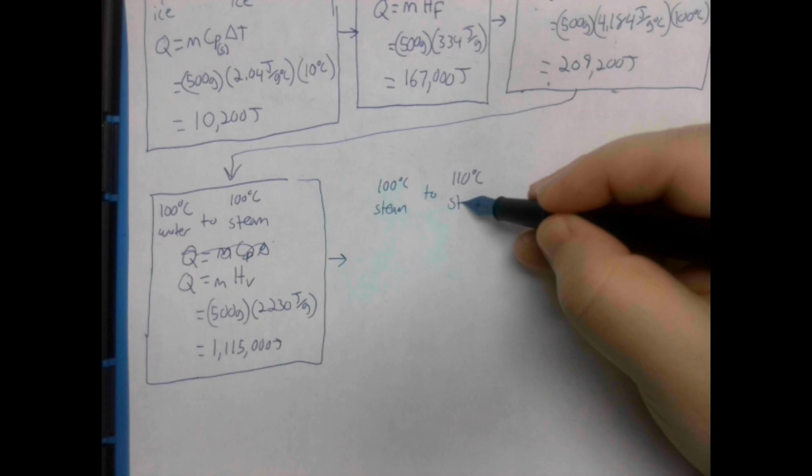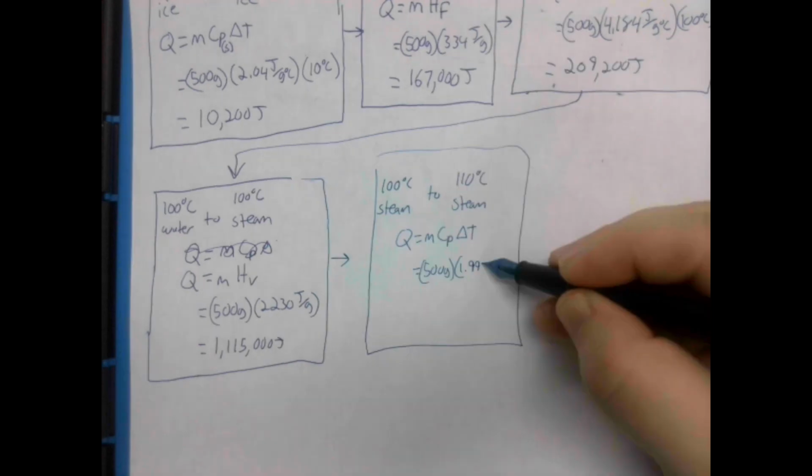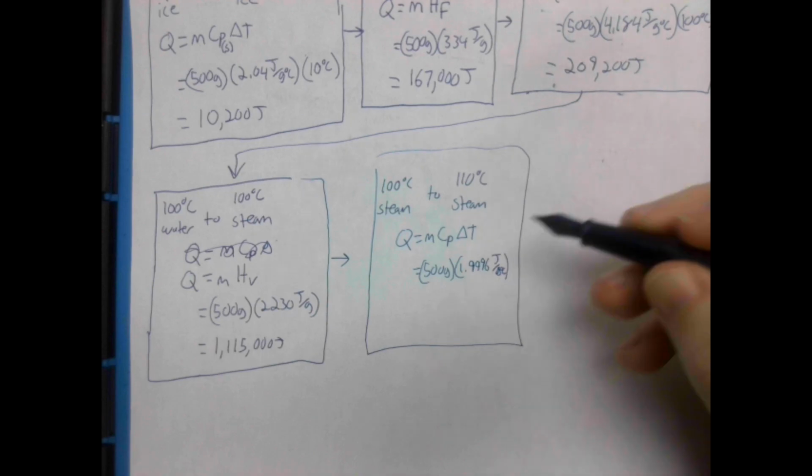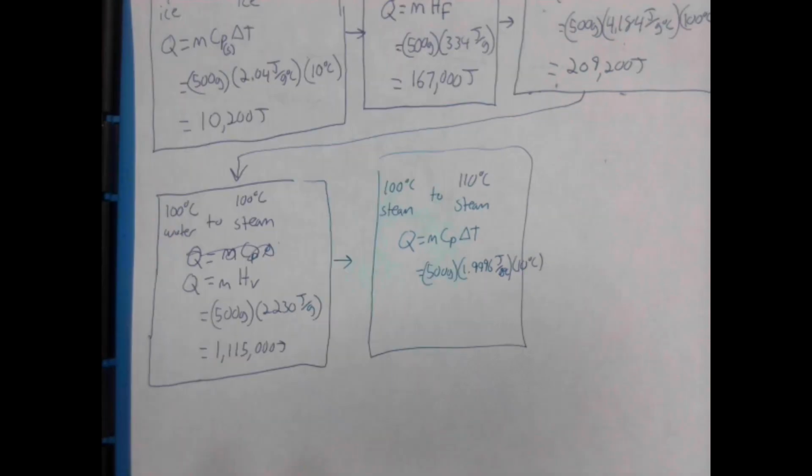Since it's gas, we use the gas value for CP, which is 1.9996 joules per gram degree Celsius. The change in temperature is 10 degrees Celsius, going from 100 to 110. And we see it takes less than 10,000 joules of energy.